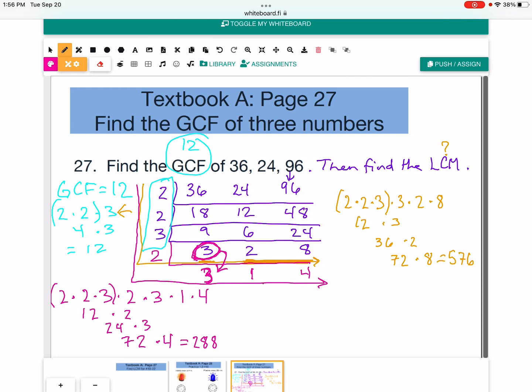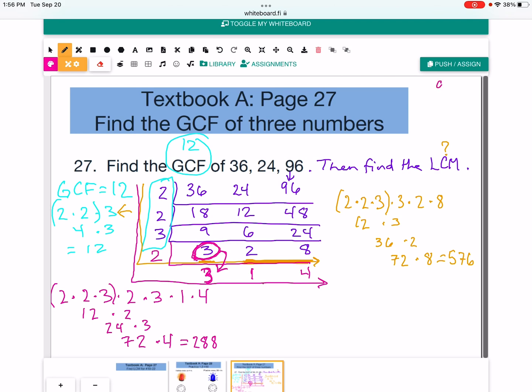So let me just check. I want to make sure that at least one of these numbers, I'm going to do a quick check, can divide evenly into 288. Well, I'm going to choose 96 because 96 is about 100 and 288 is about 300. So if I divide 288 by 3, I should get 96.